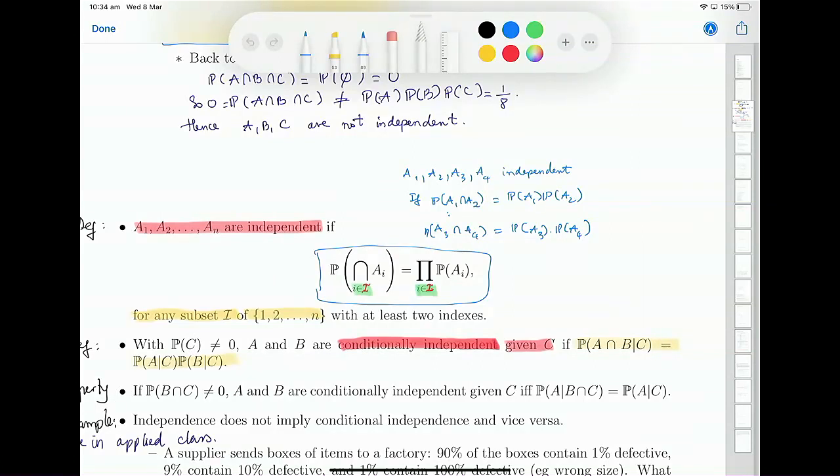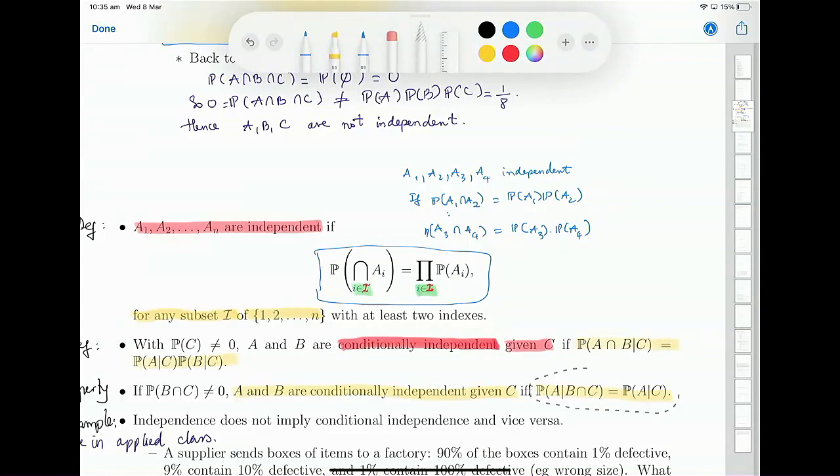If the probability of A intersect C and B intersect C are different from 0, then A and B are conditionally independent given C if and only if the probability of A given B intersect C equals the probability of A given C. So you need to prove this, both sides, if and only if.